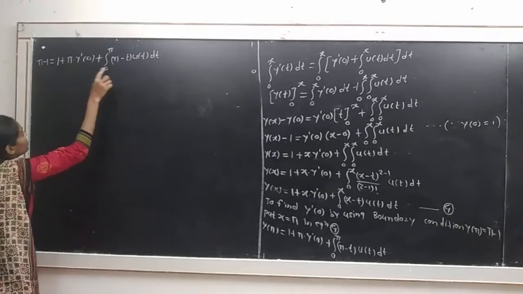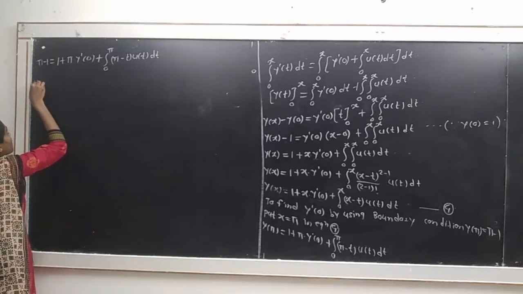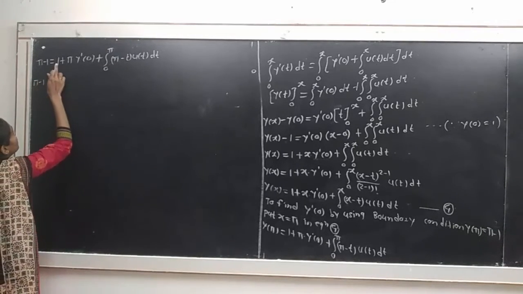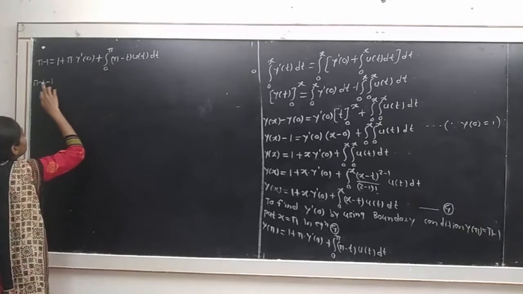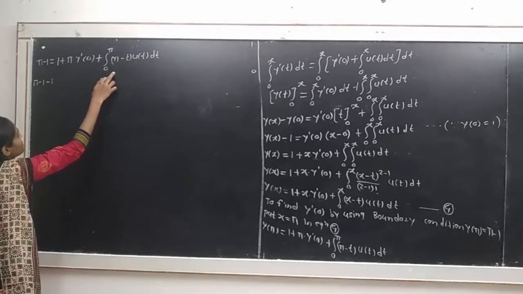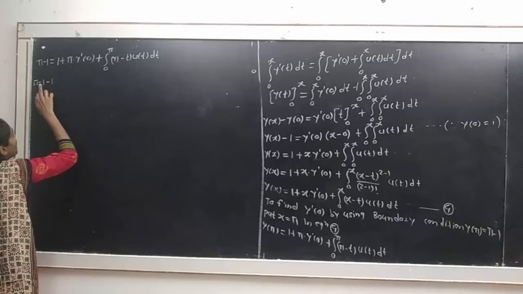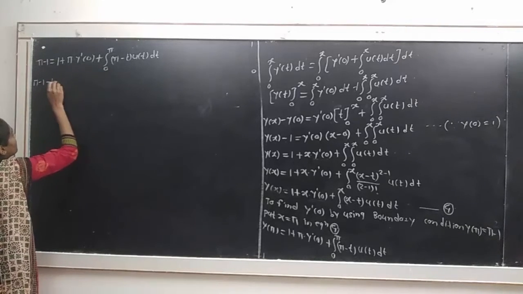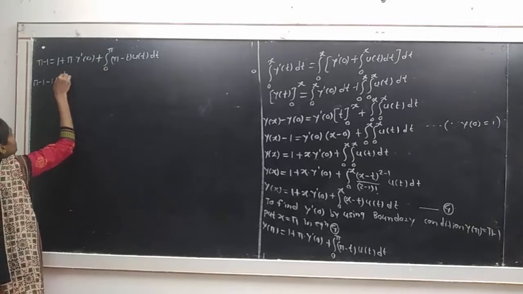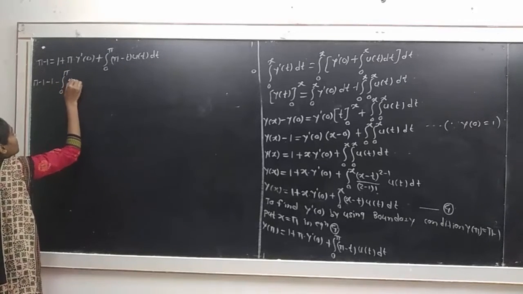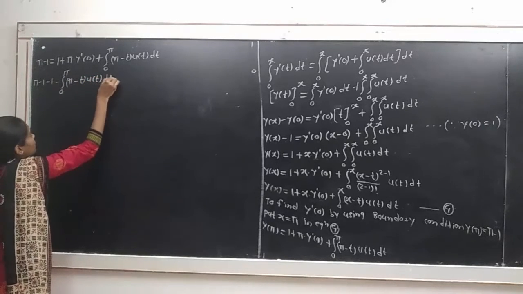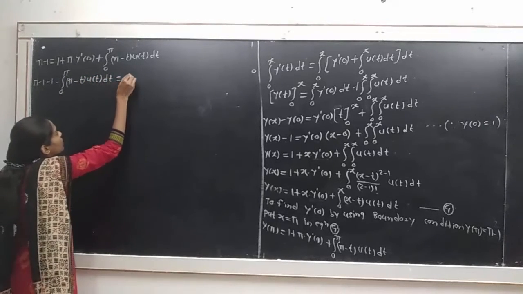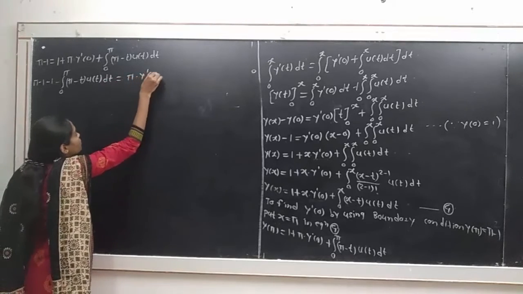Okay, then pi minus 1 minus 1, and we shift 1 and this term to this side, that is we get pi minus 1 minus integration from 0 to pi of (pi minus t) into u of t dt is equal to pi into y dash of 0.